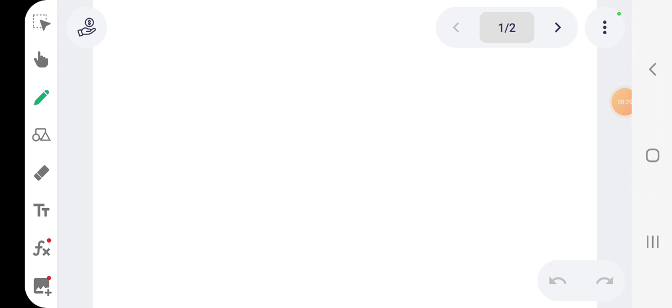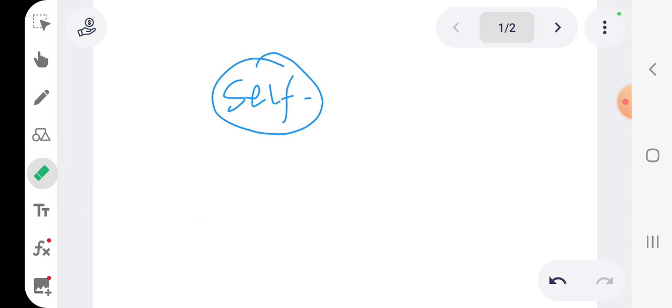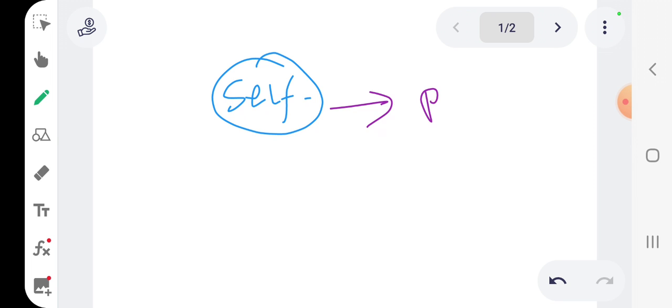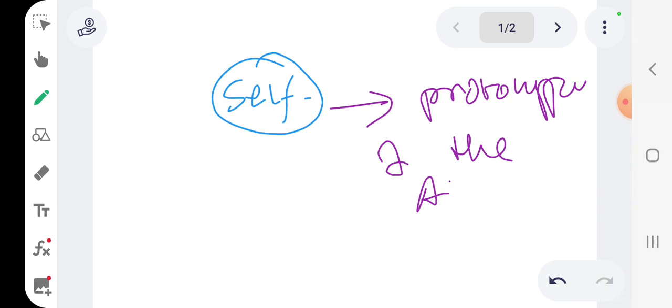So basically, the liberal conception of self is a prototype of the Abrahamic conception of God.